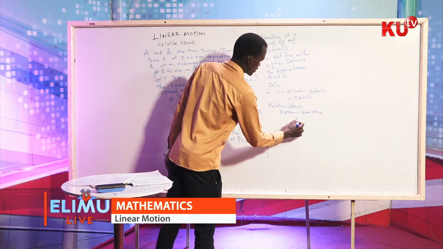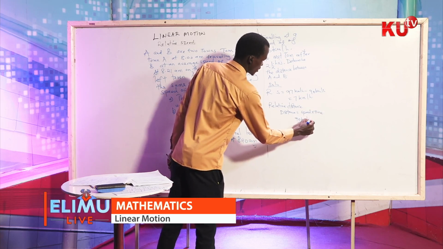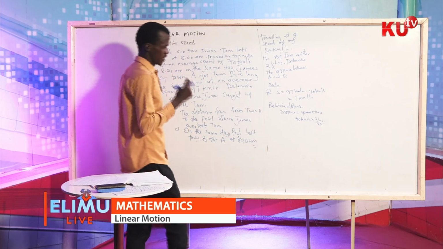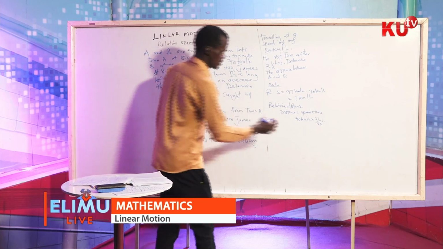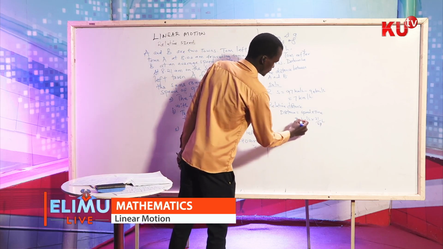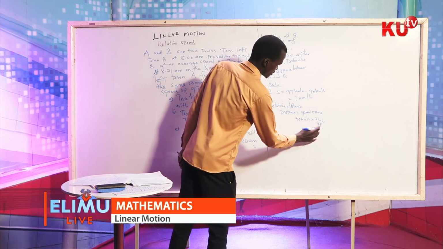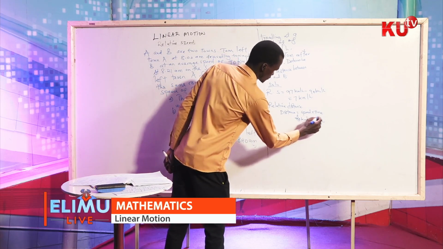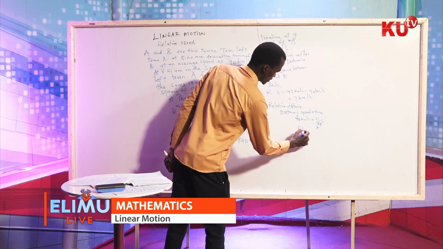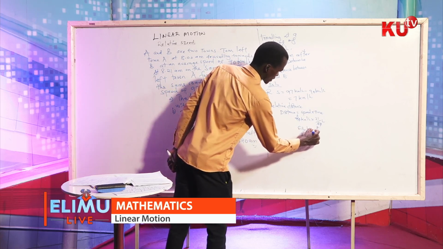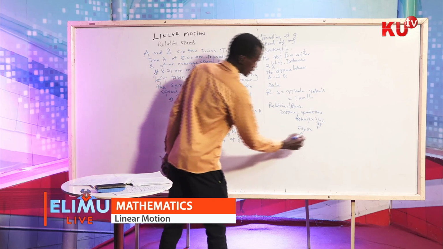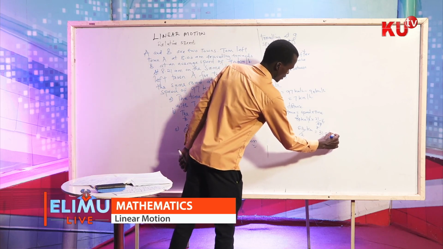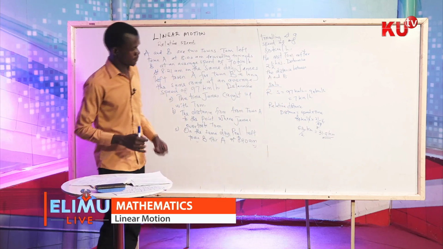The speed is 90 kilometers per hour times 21 out of 60 hours. So we change the 21 minutes into hours. This is 63 over 2 kilometers, which is 31.5 kilometers, and that is the relative distance.